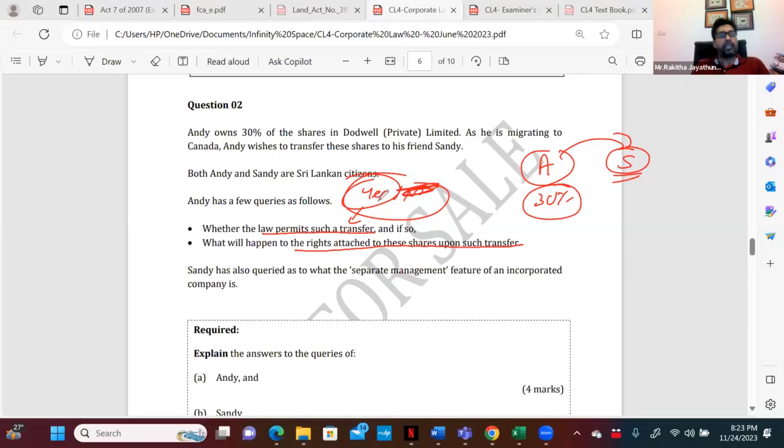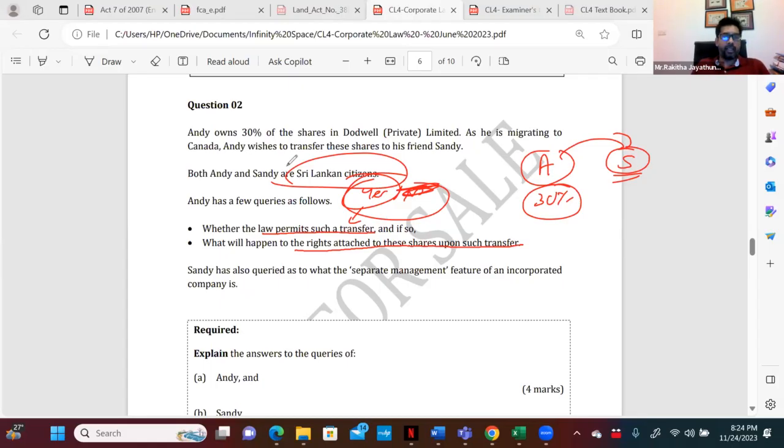That is under the old act. Some students have said only in public limited companies can shares be transferred freely. No, there's nothing like that under the current Companies Act No. 7 of 2007. Private or public, shareholders have the freedom to transfer their shares to another shareholder, especially if they're Sri Lankan citizens. So the answer is yes.